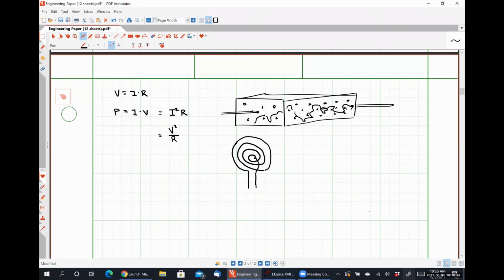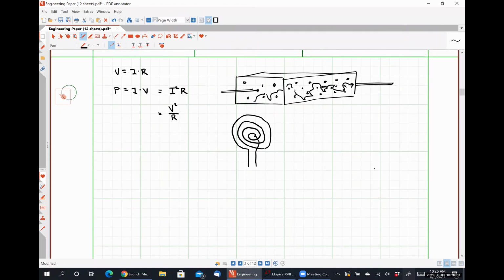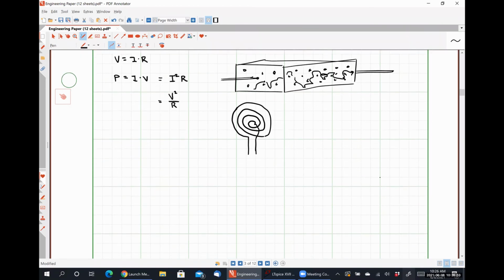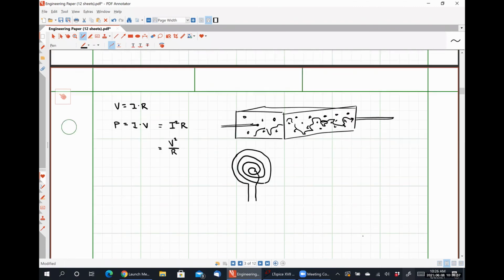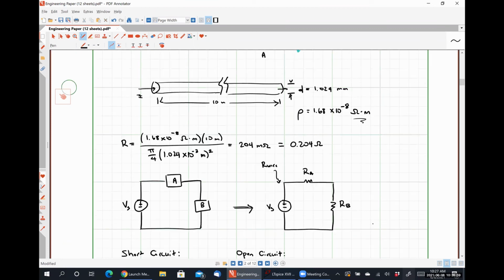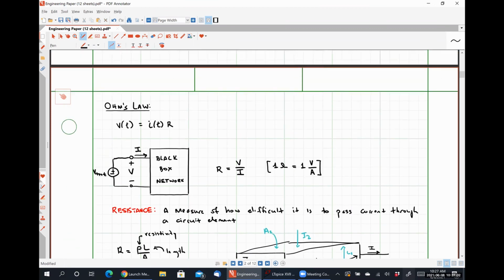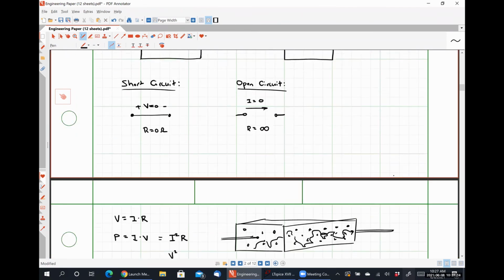All right, so I now want to talk about the concept of conductance. All right. So if we look back at this original black box network here, the constant of proportionality between the voltage and the current is known as the resistance. But we can actually define it in a different way, right?